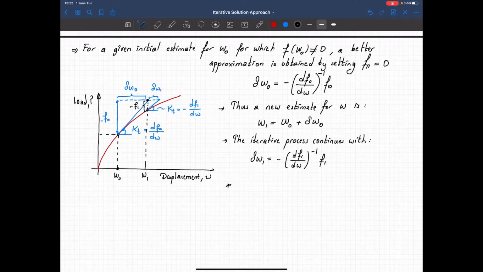And please note that for values of w that don't satisfy the equilibrium condition, function F of w gives the residual force.